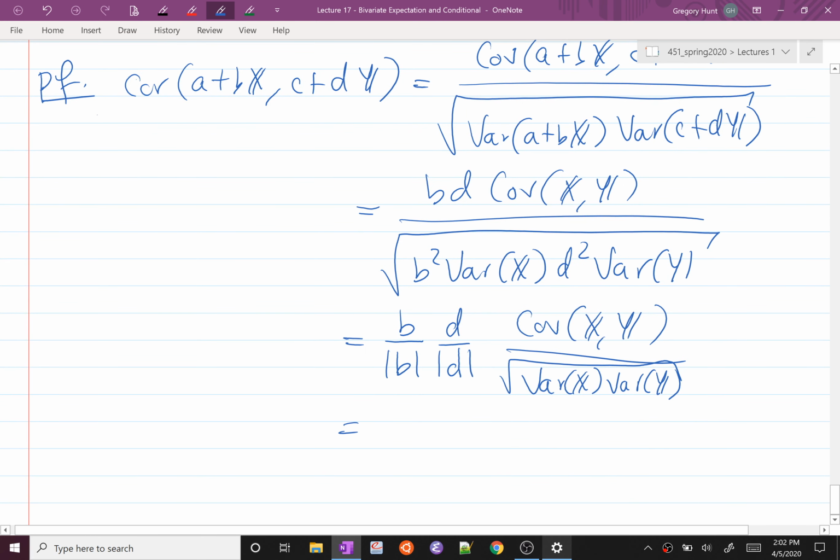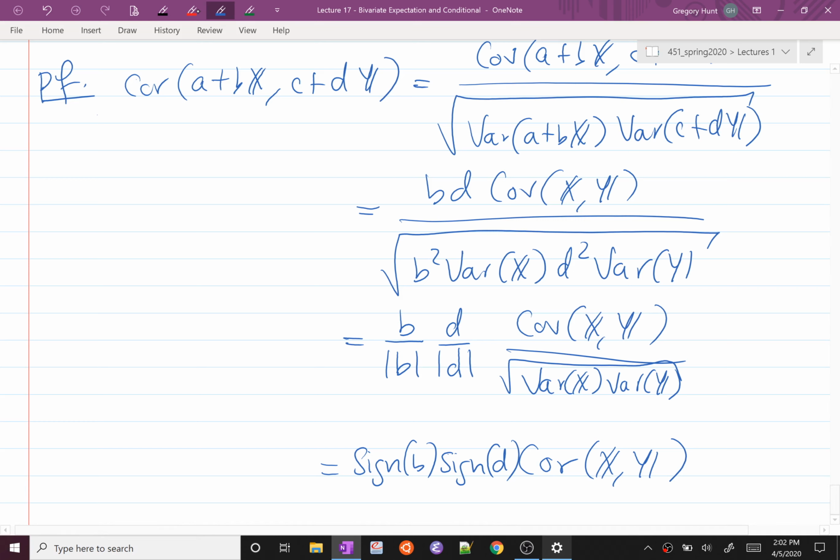That second term here is exactly the correlation of x and y. And this is the sign of b and the sign of d, right? So b over the absolute value of b is exactly equal to the sign of b.